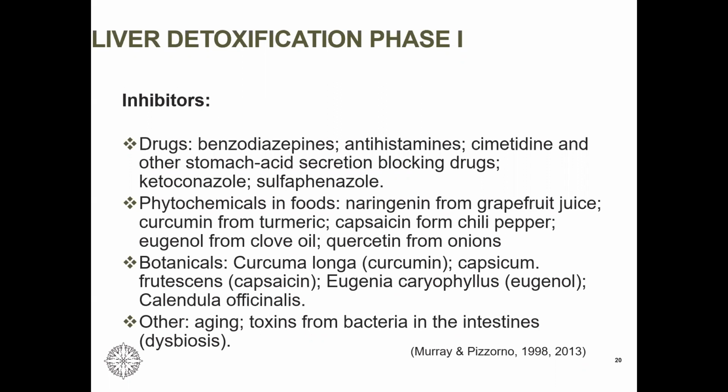So if they are taking that particular drug and they're also taking curcumin, then that would interfere with the metabolization of that drug. And in fact, that drug can roam about in large amounts in the blood and would not be able to do its function.